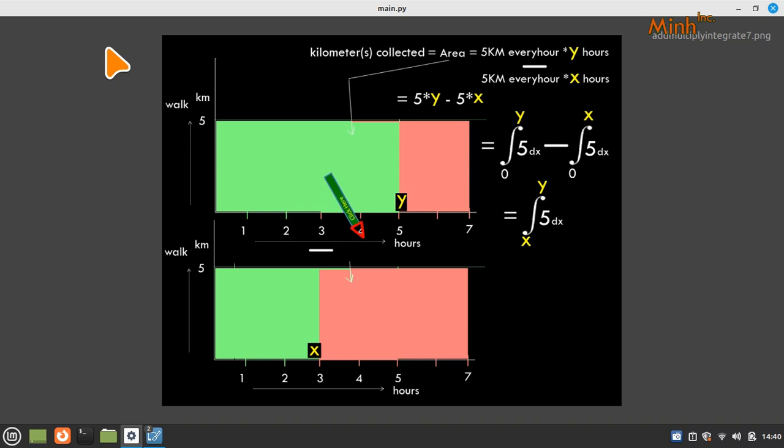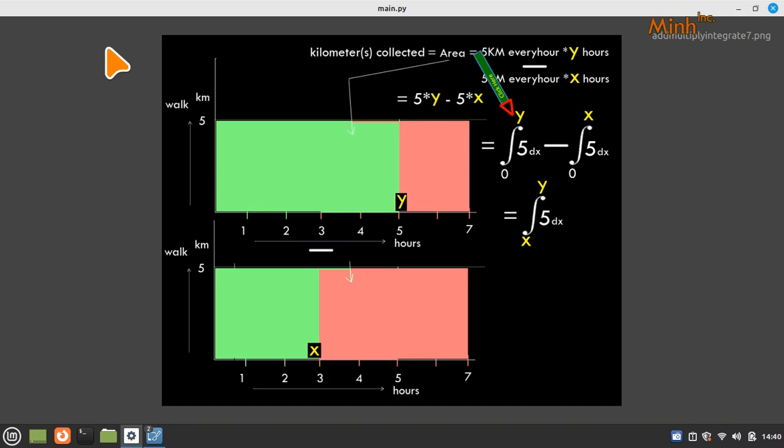So now I can say 5y minus 5x. This is not a natural way. This is the notation. This is how integration notation is mapping to the area. So we are learning how integration notations work.